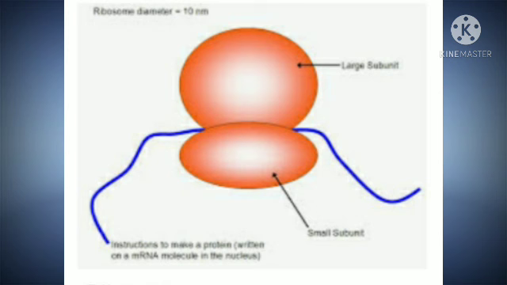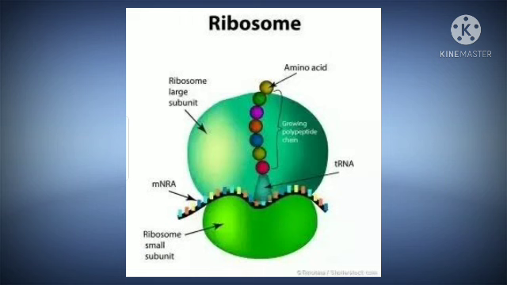For example, the 70S ribosome consists of a smaller subunit of 30S and a larger subunit of 50S. The 80S ribosome consists of the smaller subunit of 40S and the larger subunit of 60S. They help in synthesis of protein.